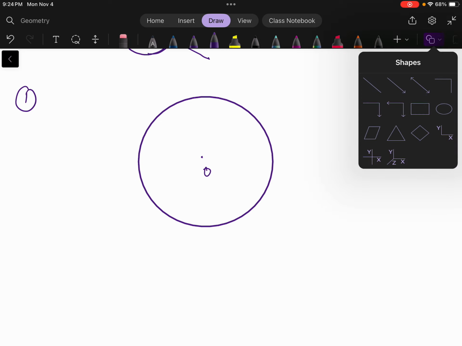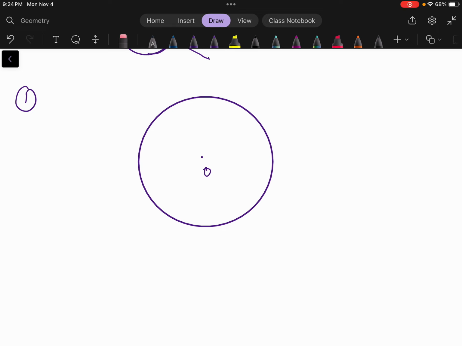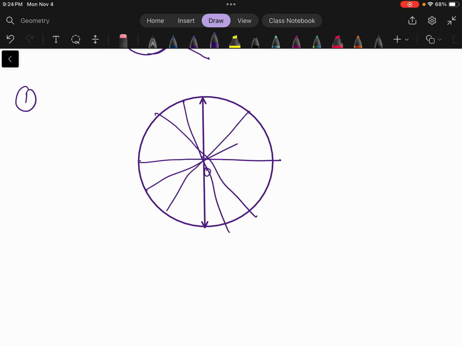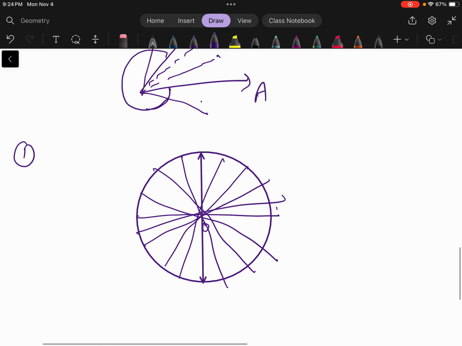So this circle is divided into equal one-degree parts.